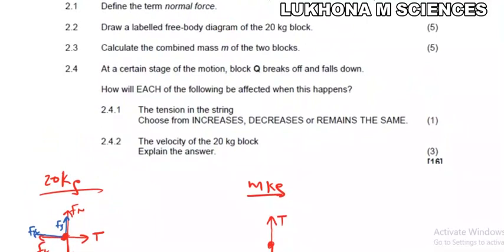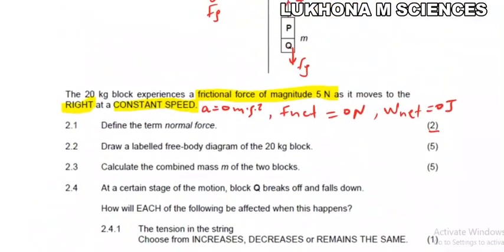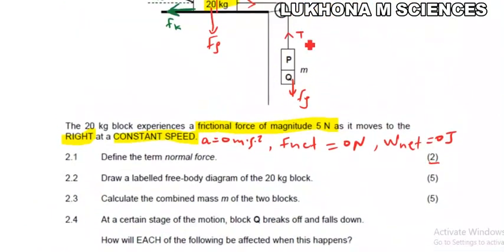Now if we look here, the M kg object is not in contact with a surface, which means there is no normal force and no frictional force. Here there is a surface, which is the table, and the object is in contact with the table, meaning that there is a normal force and a frictional force.